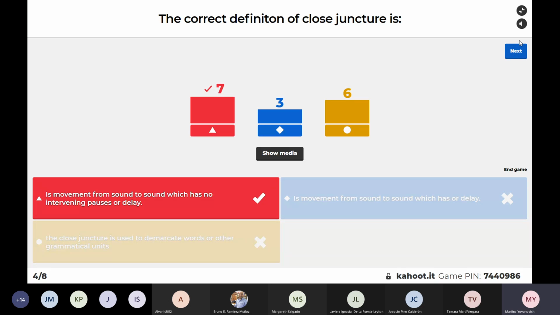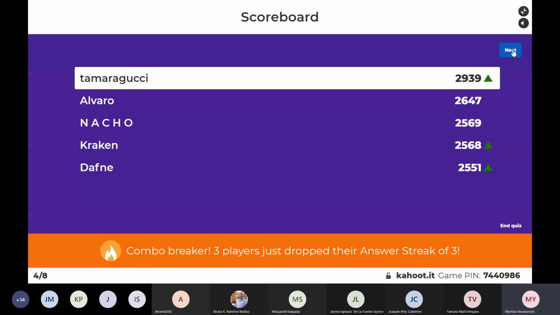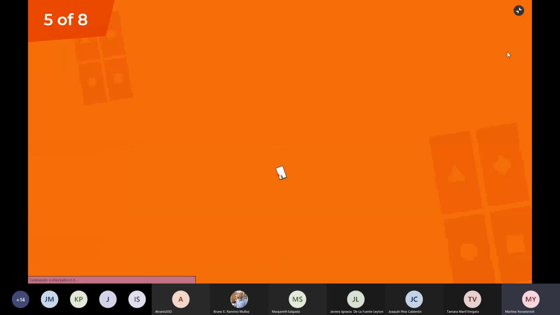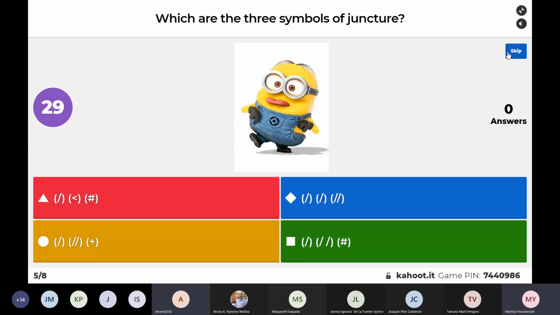It was the first one. Okay, the next one. Which are the three symbols of the juncture? We saw this in the presentation. It's so easy.